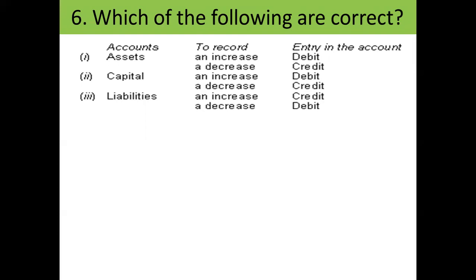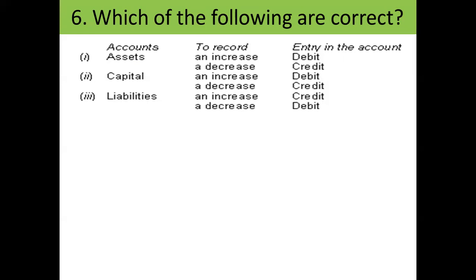Here, when we debit the asset account, we increase that asset. And when we credit an asset, we decrease that asset in the account. That first statement, or first transaction, is correct.